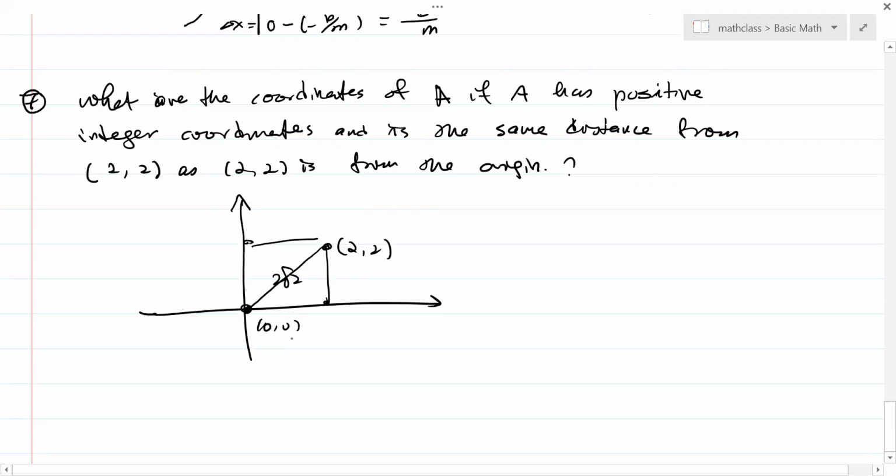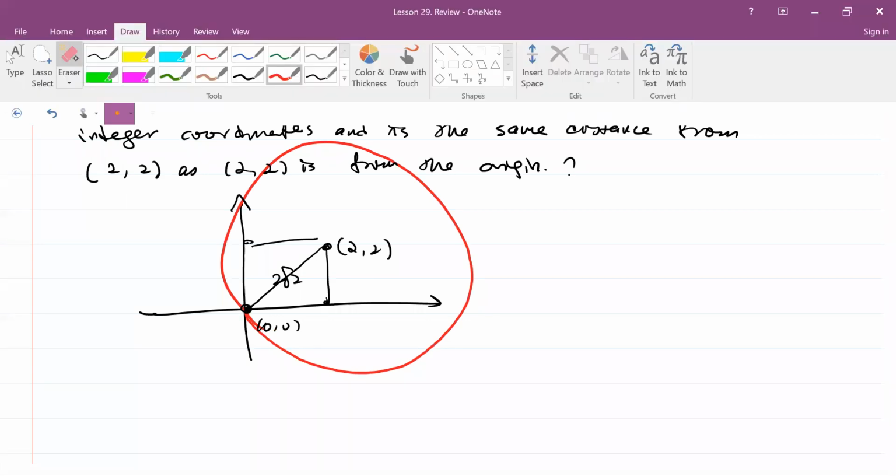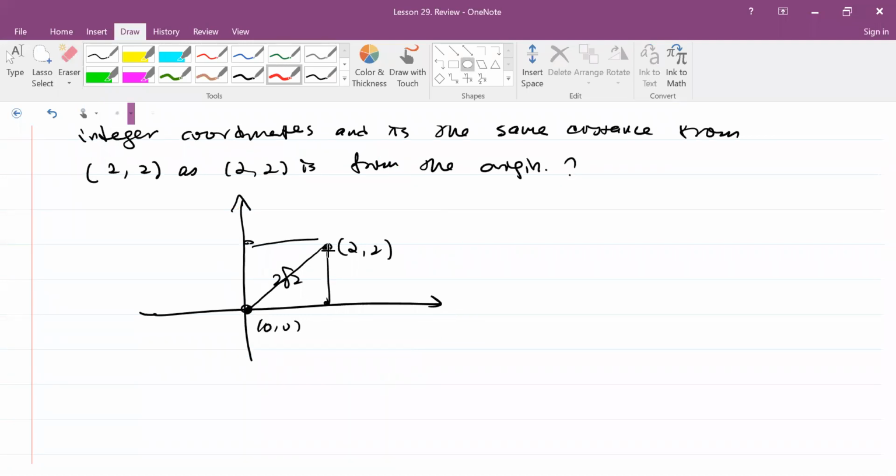Now you want to find points, and there are so many points with the same distance from the origin as (2, 2). So let me draw the picture of all the points. Actually, we are talking about a circle. It's not the perfect picture, so I'm going to erase it and redraw it.